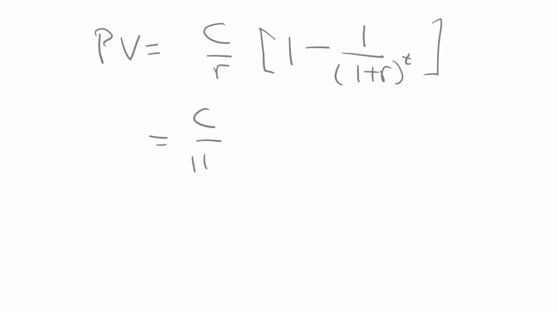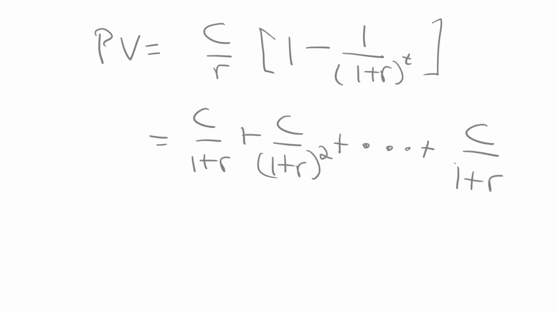Well, we take the first cash flow and discount it back 1 year, the second cash flow and discount it back 2 years, and then we go out to the last cash flow and discount it back T years. Okay, so that's what happens for our annuity formulas.